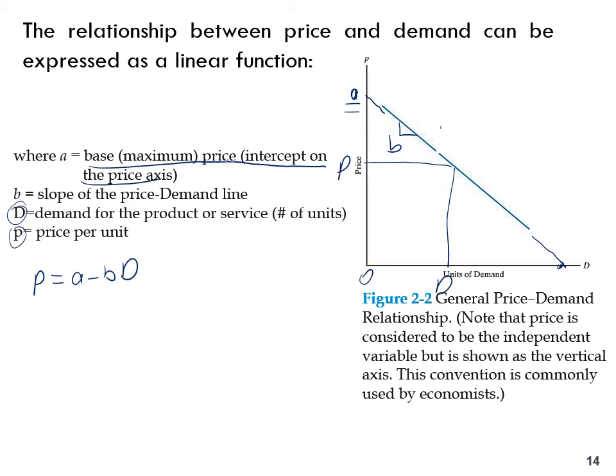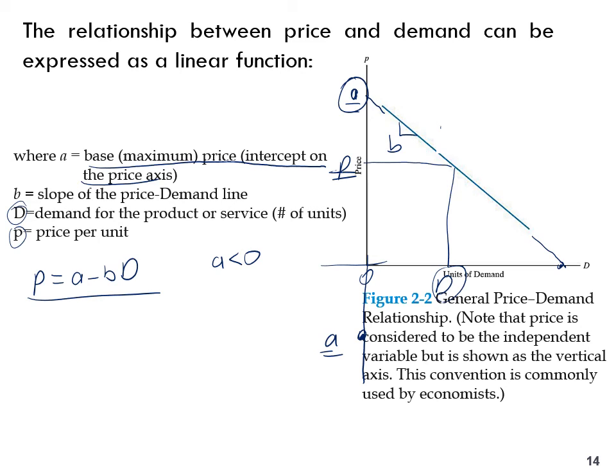Okay, so this P is equal to A minus B times D. This is the equation. But of course, let's see what happens if A is less than 0. A less than 0 means that A is somewhere here, and it indicates a negative price.